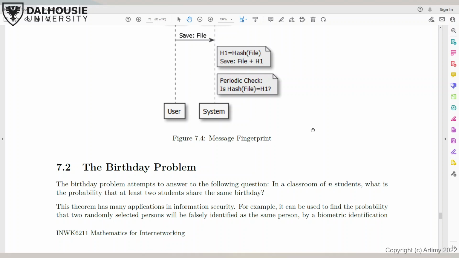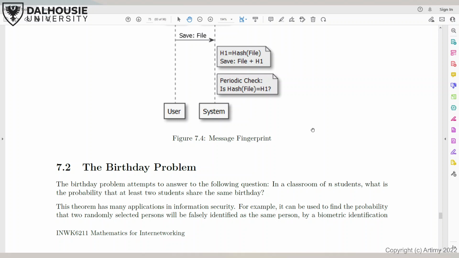Okay, so I talked a lot about the possibility of a collision, the possibility of two messages having the same hash. We don't want that. We want something that's very or close to immune to that possibility, right?